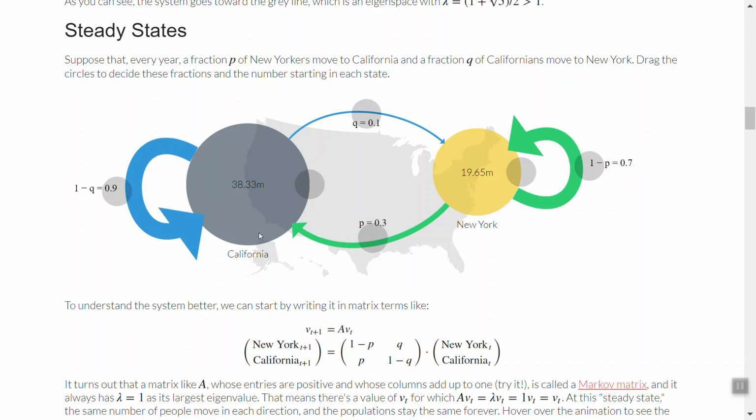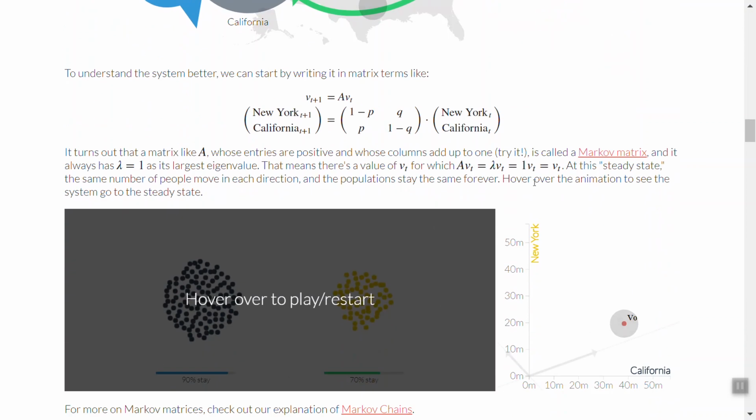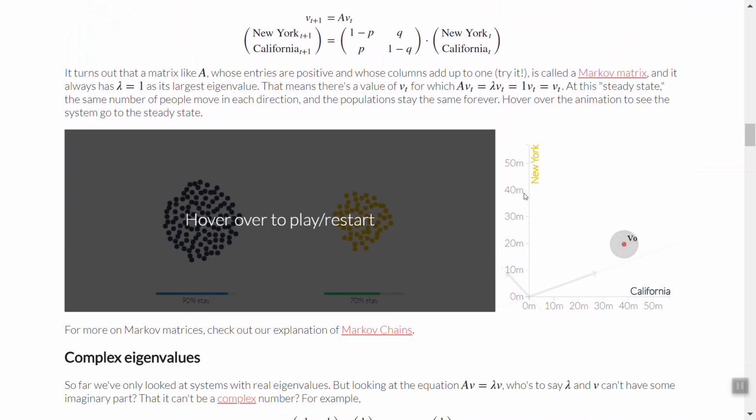And we can mess around with these numbers. I think each dot represents 1 million people. What we will see when I hover over this is that 10% of the blue dots will move over to New York, and 30% of the yellow dots will move to California, okay?